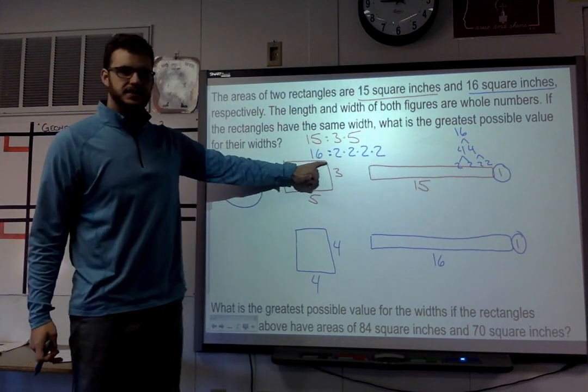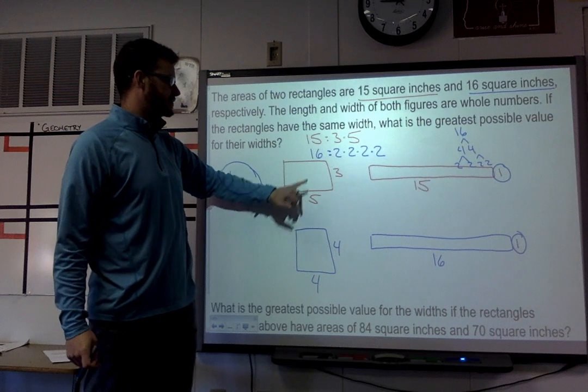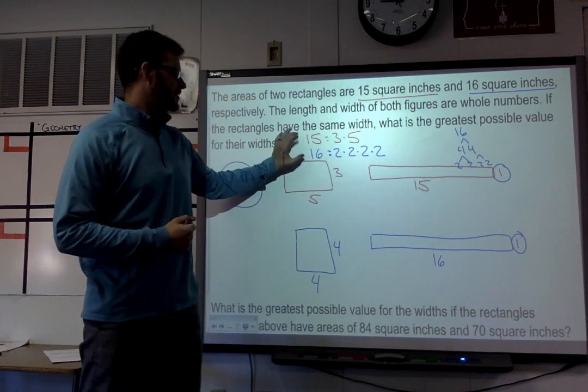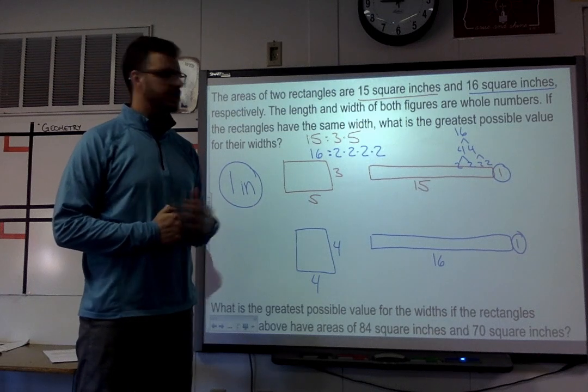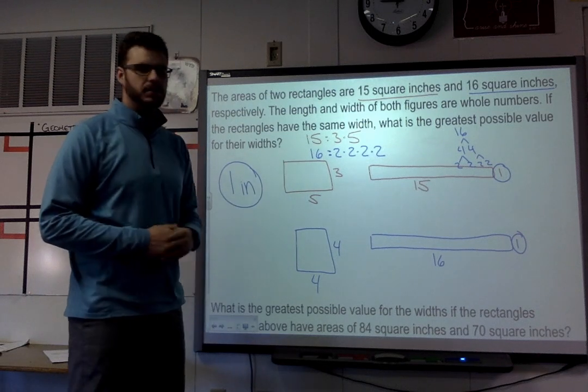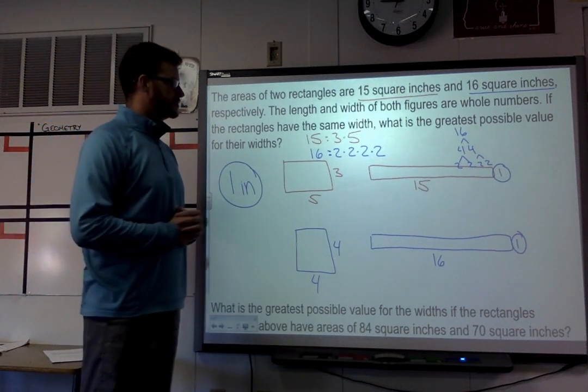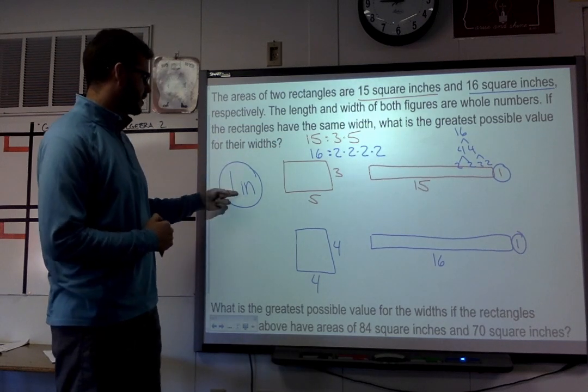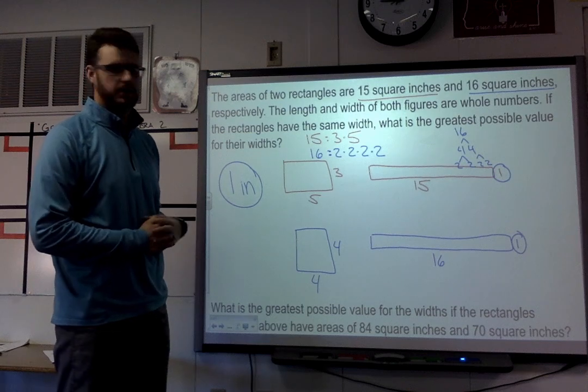Now we look at this, 3 times 5 for 15, 2 times 2 times 2 times 2 for 16. There's nothing they have in common. So just like that very last problem we did on the last slide, these two numbers are relatively prime, which means that the greatest common factor would be 1.